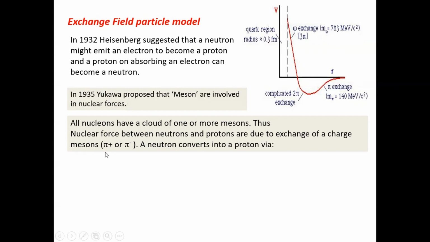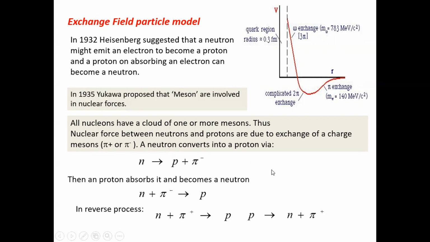And so there are currents of pi plus or pi minus, and a neutron can get converted into a proton through this interaction: a neutron can become a proton and allow a pion minus to go out. Then a proton will absorb it and will become a neutron. In a reverse process, if the neutron is going to absorb a pi plus, it is going to produce a proton.